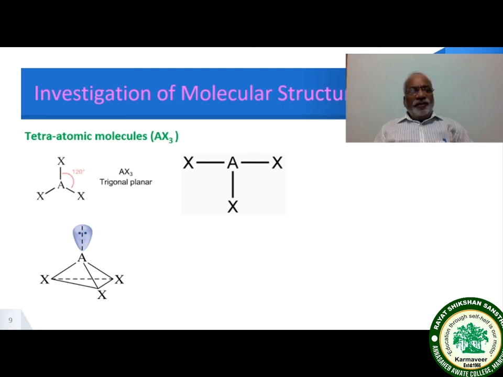Now one can give the different structures here, for example the BF3 molecule, ClF3 molecule or NH3 molecule. So all these three are the examples of these three types of structures that one could find.